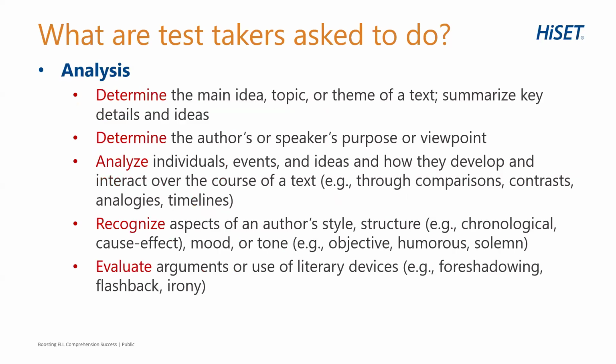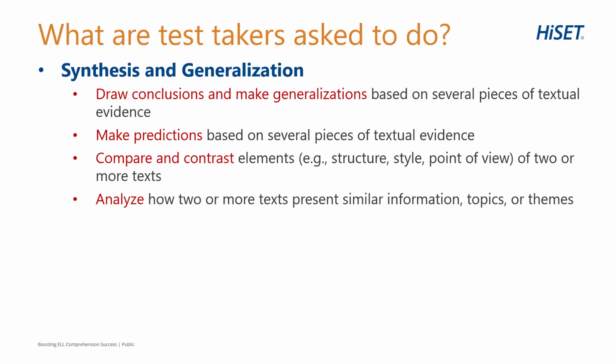At the analysis level, they determine the main idea and author's perspective or viewpoint, analyze how the text develops, recognize tone, and evaluate the literary devices the author might use. And finally, critical thinking: drawing conclusions, synthesizing information to make predictions, and comparing and contrasting multiple elements.